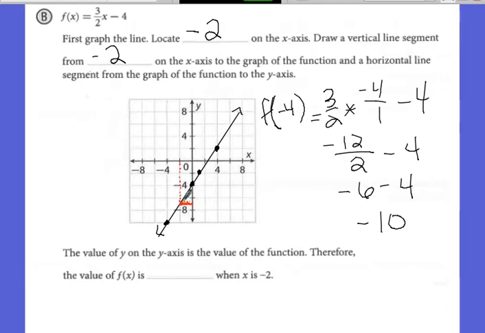So that's about halfway between 6 and 8. So I would say the value of y is the value of the y value in the function. Therefore, the value of f of x is -7 when x is -2.